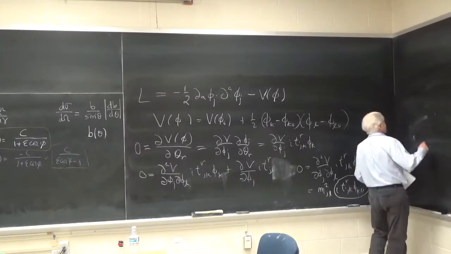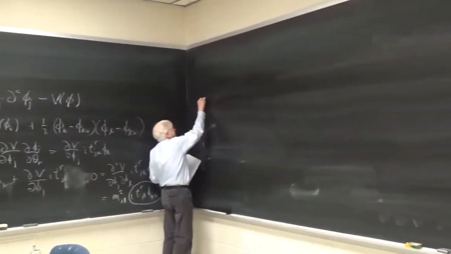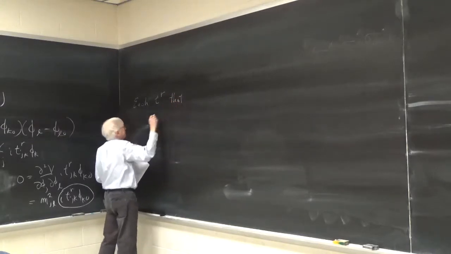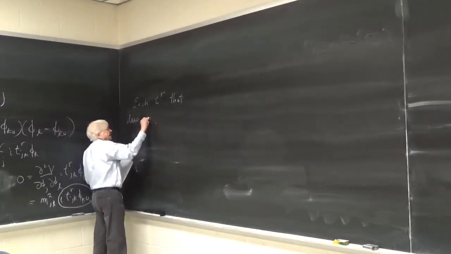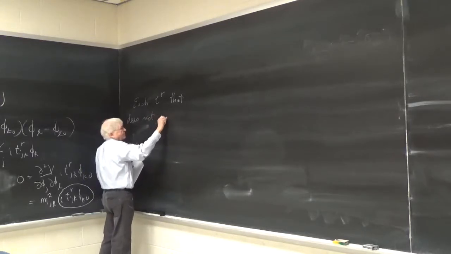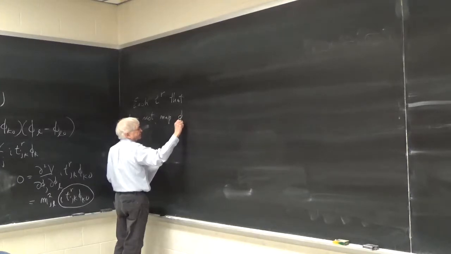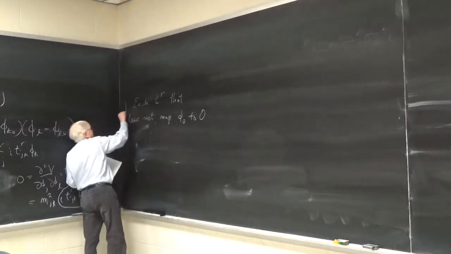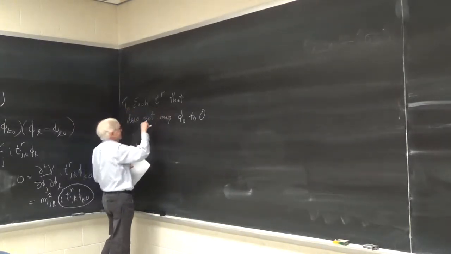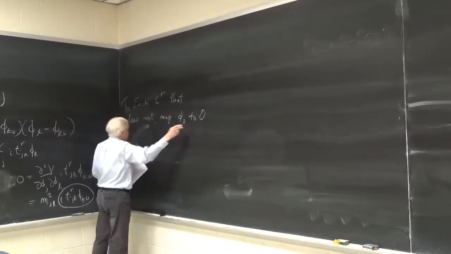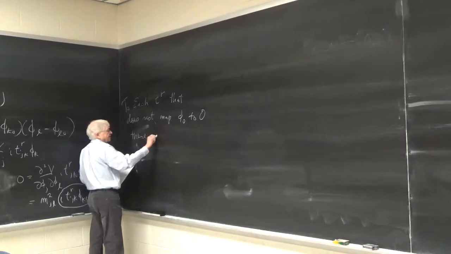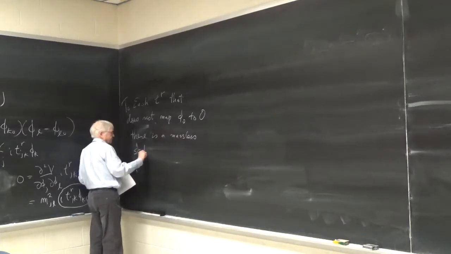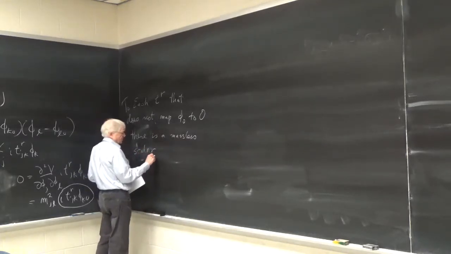And so the rule is that to each generator that does not map the minimum to 0, there is a massless scalar. And these are called Goldstone bosons.